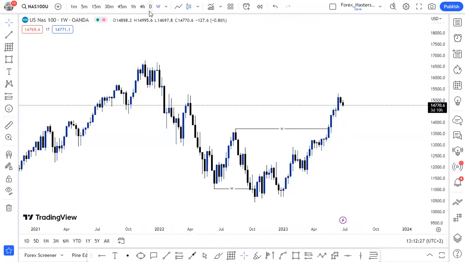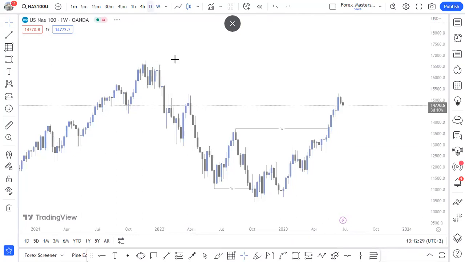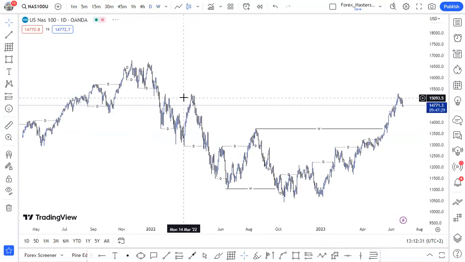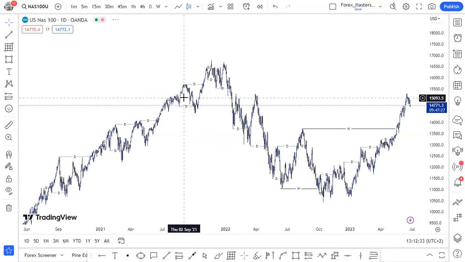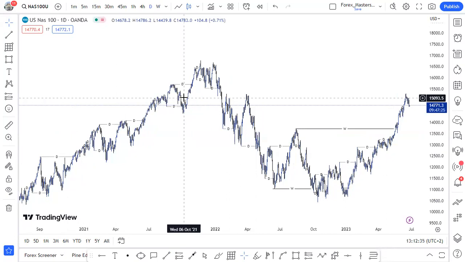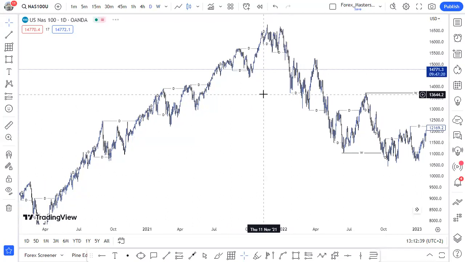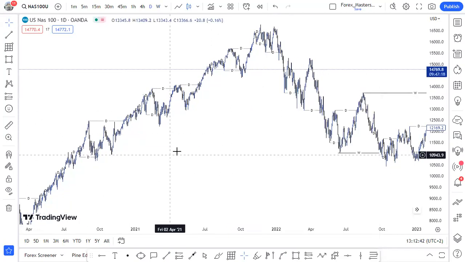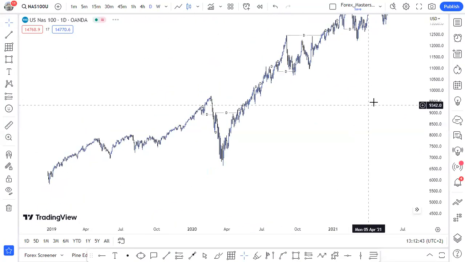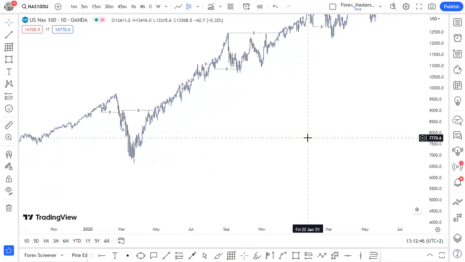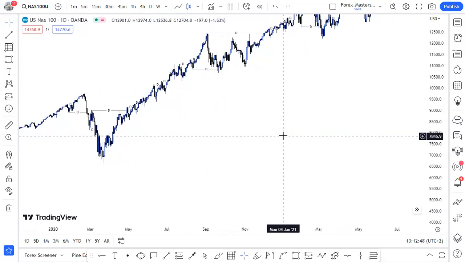So then we went to our daily. Although yesterday we only started with our daily, which is not so much of a problem, we can either start on a daily or on a weekly. It's not a big deal. So this is what we did on our daily market structure. We looked at how we could map our structure.